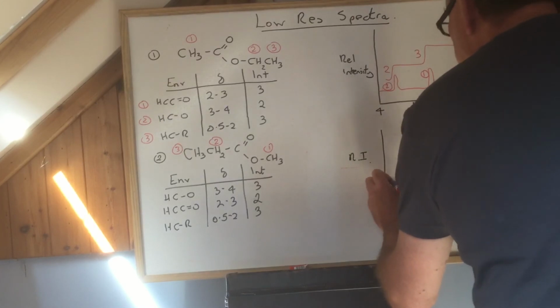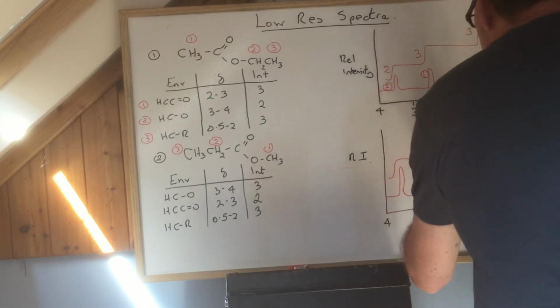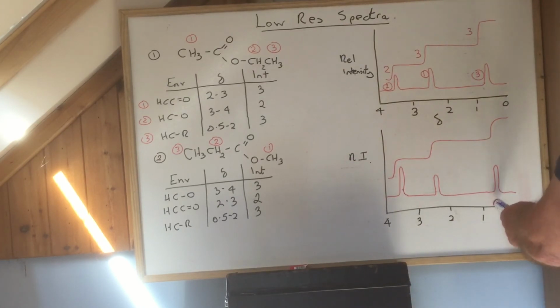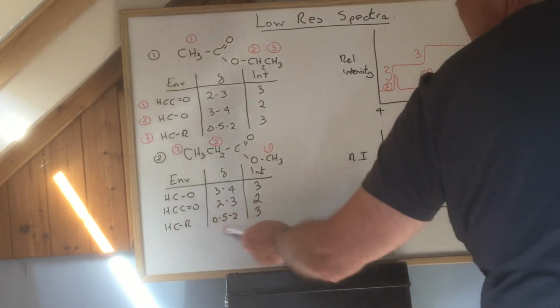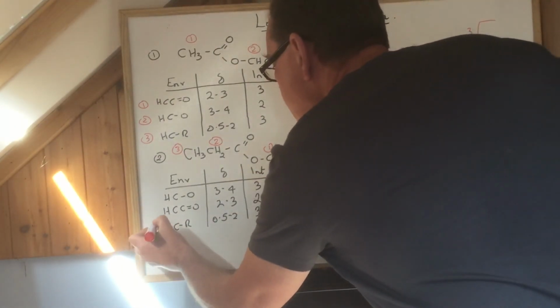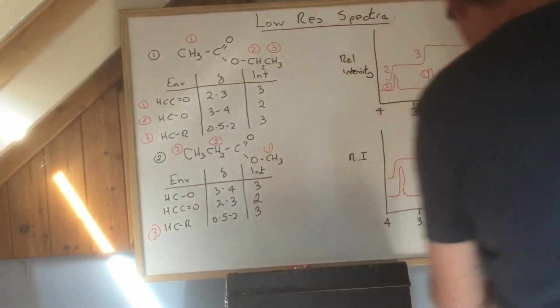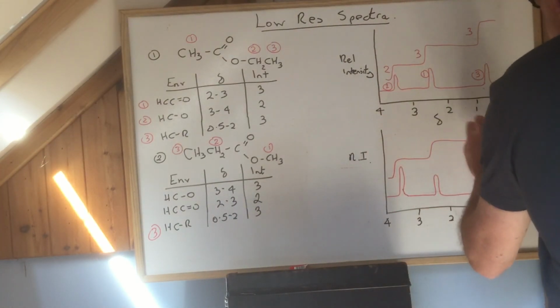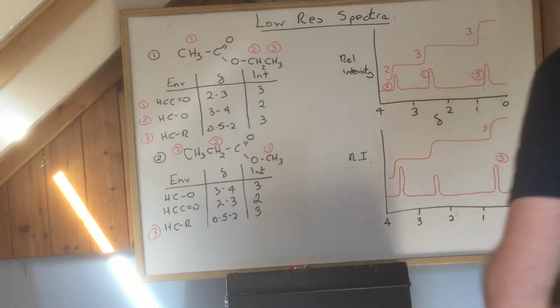Now let's get the integration on. Try and sort it. So those there are those 3. Proton 3 down the bottom end, no problem. Integration of 3. Those are those 3.